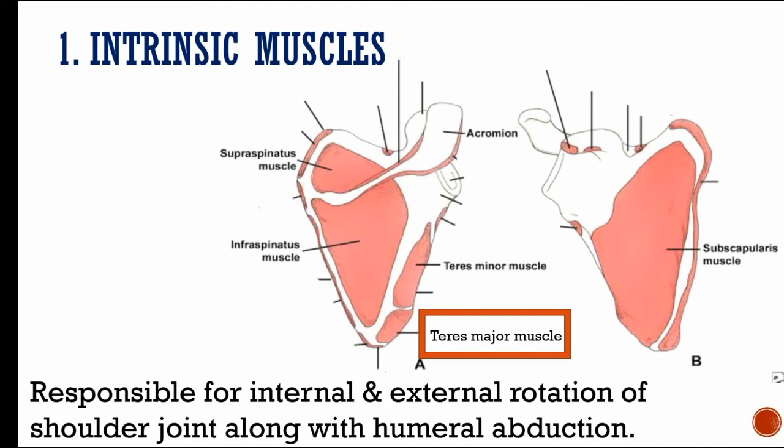Teres minor is located in the upper two-thirds of the lateral border of scapula. In the lower one-third of the lateral border of the scapula, there is teres major muscle. Supraspinatus muscle is located in the supraspinous fossa, infraspinatus muscle in the infraspinous fossa, and subscapularis muscle on the costal surface in the subscapular fossa.